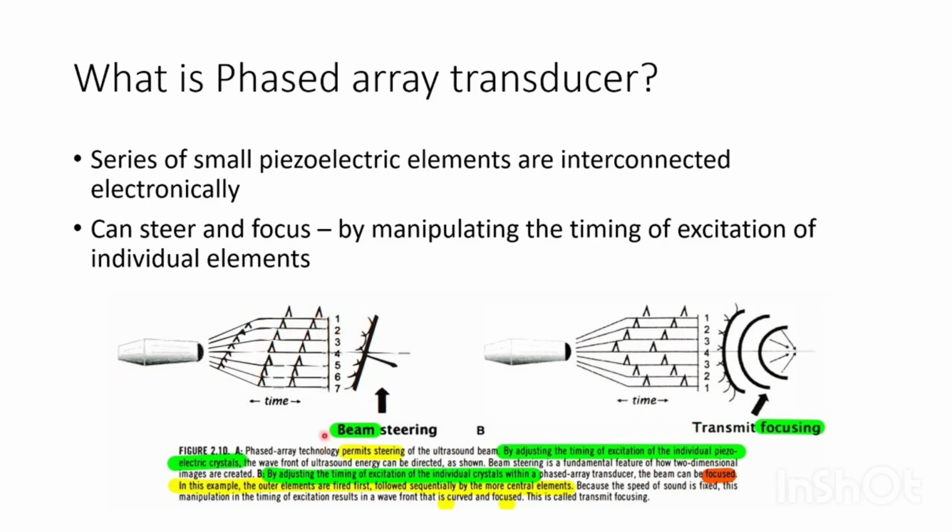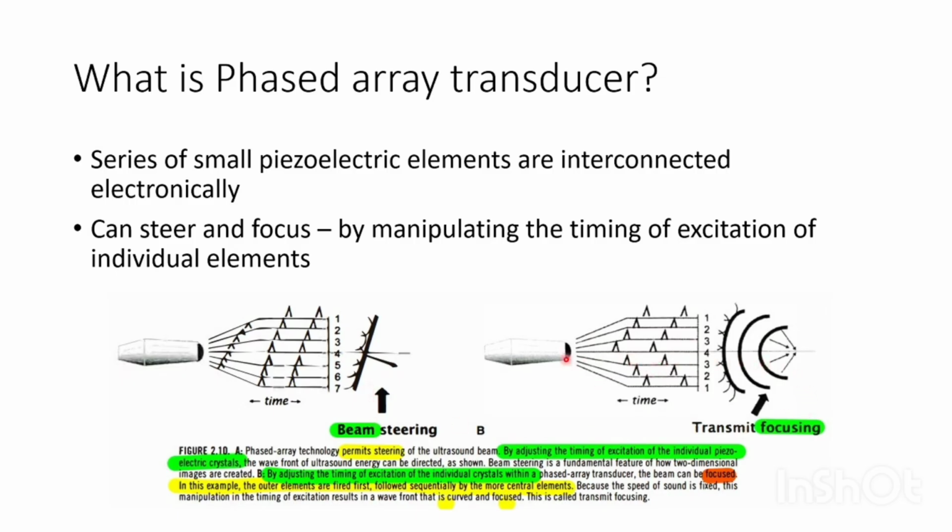That is, it is not straight; this is the final wavefront. In this way we can steer it. In our echo machines now we have a button called steer, which we can use to change that setting.